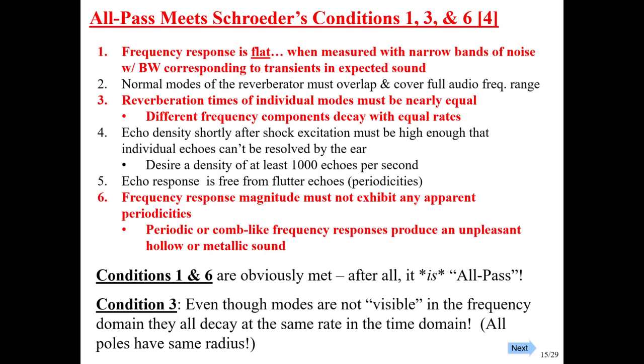We're just not seeing evidence of them in the frequency response magnitude. That's okay. That doesn't mean they're not modes. That happens sometimes and happens in every all-pass filter. Every all-pass filter has a bunch of poles, but we don't see any evidence of their pole locations in the frequency response magnitude.